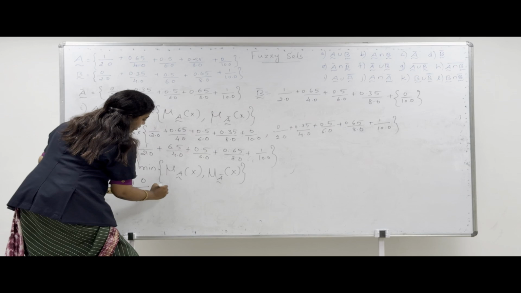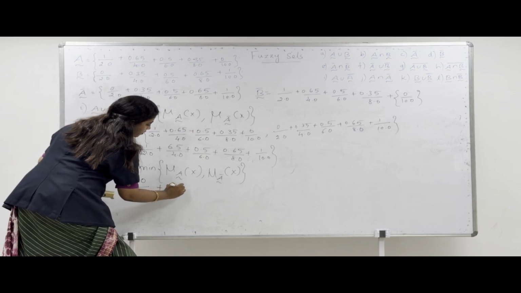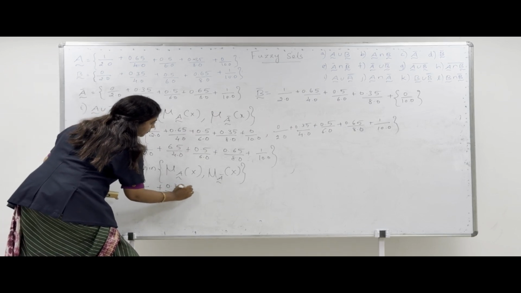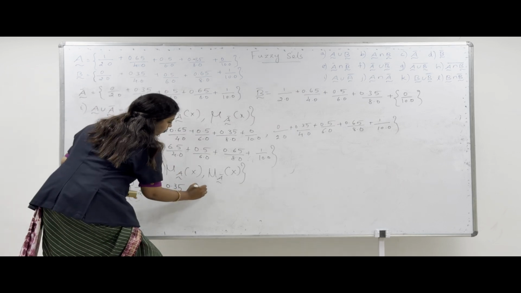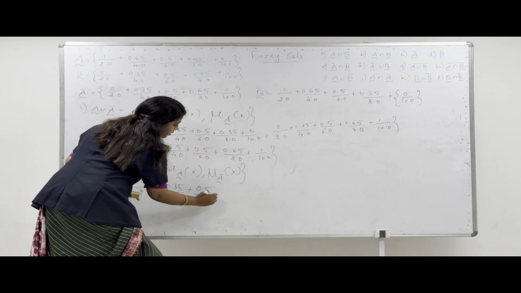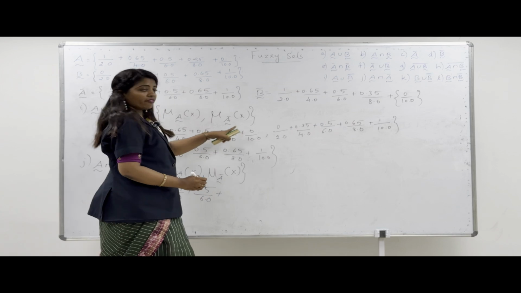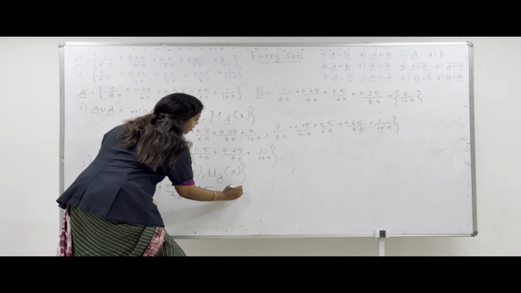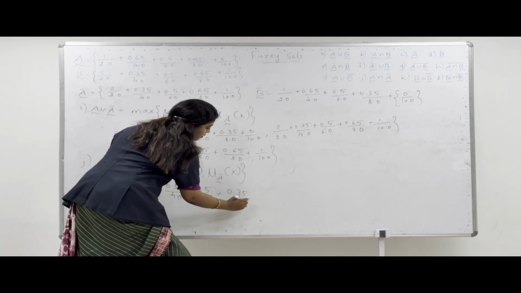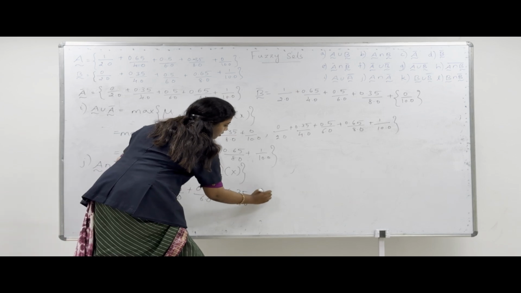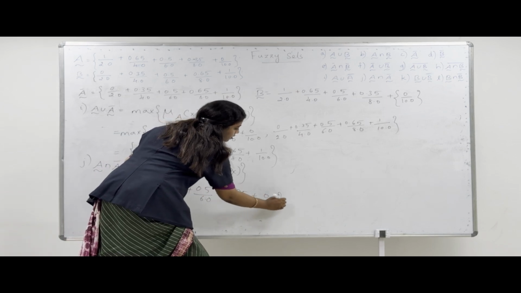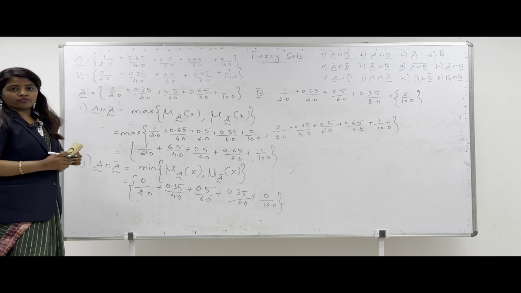Then 0.65 and 0.35, that is 0.35. Next 0.5 by 6.0, again 0.35 and 0.65, 0.35, plus 0 by 10.0. So, this is the value for that.